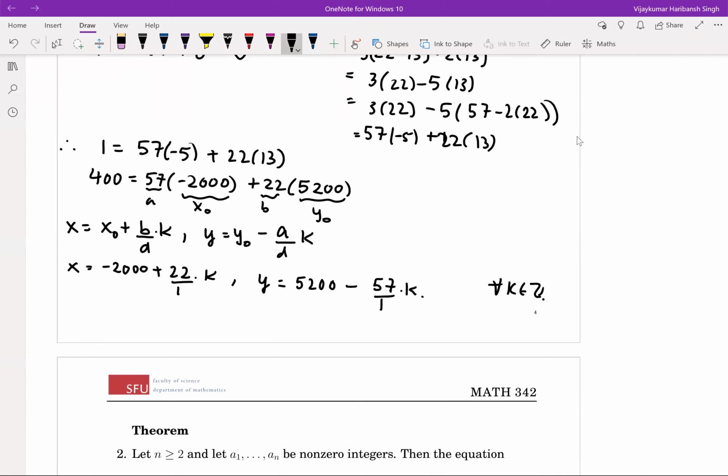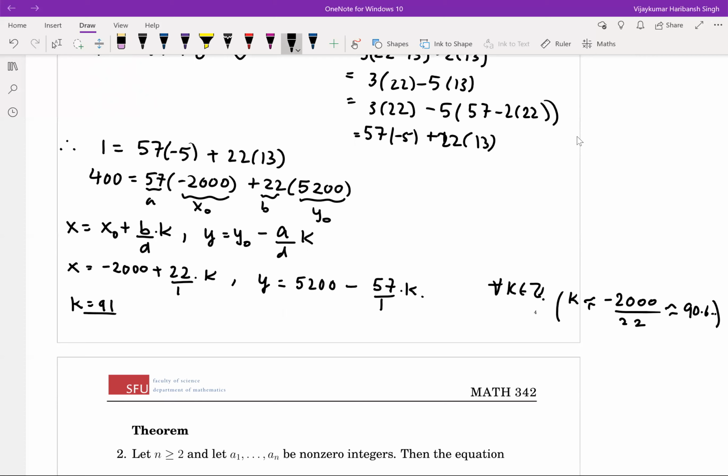So let's see what multiple of 22 will make this positive. You can see roughly, I'll do a calculation here. K roughly equals 2000 by 22, which will make it around 0. So this turns out to be 90.6. So take K equals 91 and check.